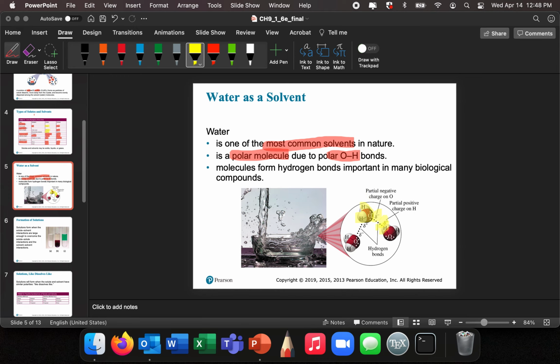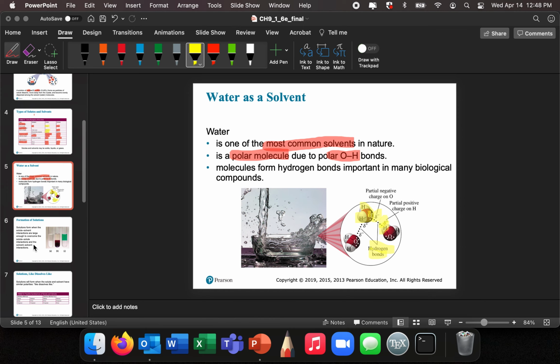So that's called a hydrogen bond, by the way. Remember that? Hydrogen bonds are where you've got an electronegative element associating with a hydrogen on a different molecule. Okay? So water is an excellent solvent, and it makes hydrogen bonds with many important biological compounds.